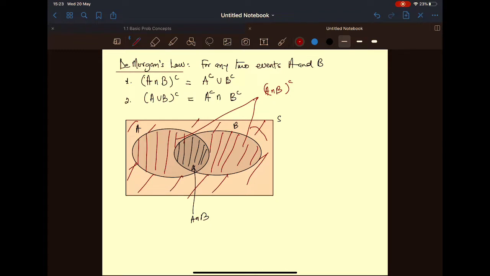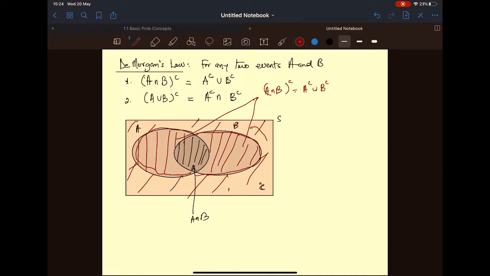Then if we find the complement of A, it is the region of B, and let's say this region is C. This region of B and this region of C form the complement of A. Also, the complement of B is this region of A and the region of C. So finding the union actually confirms our assertion and confirms De Morgan's law.